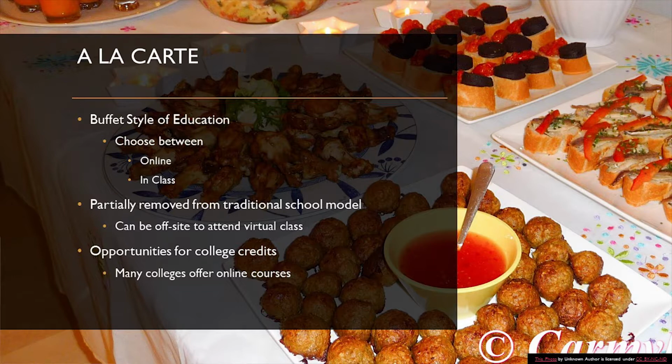They are partially removed from the traditional school model. So this is kind of the traditional school model where everyone shows up, but there's like a giant plus at the end of it, because this allows that freedom of choice for the students to then look into different things or interests that they might have.